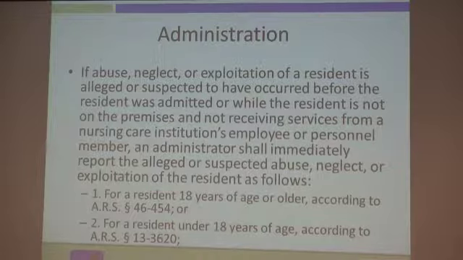If you suspect that abuse or neglect occurred to those residents, before they were a resident or when they were outside of the facility, you still need to report it according to the Arizona Revised Statutes, which is to a peace officer, which is a police officer, or APS.